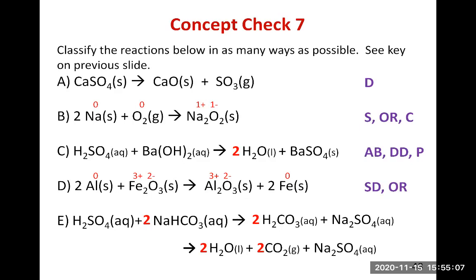So ways of classifying this: we did double displacement to find out the formulas of the product. We see that it's a gas evolution reaction. And I would add that it's also an acid-base reaction, but that's not of the form that we are used to seeing in this chapter. So that's why it's not listed there. But it's also an acid-base reaction. So gas evolution reaction and double displacement.